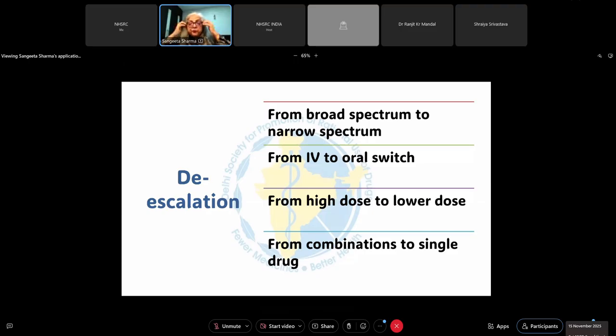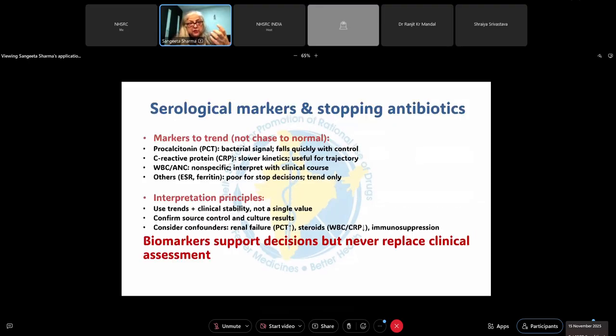I think this is one of the very effective strategies, especially switching from IV to oral is something that you can do easily. Switching from combination to a single drug is another very important intervention that you can do that will reduce the pressure on this.